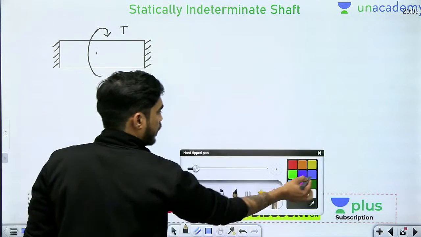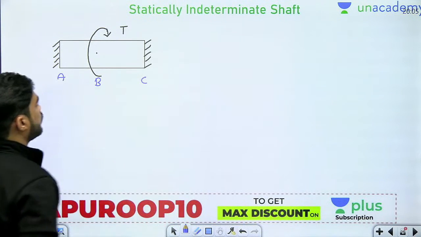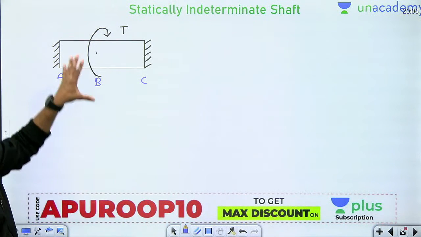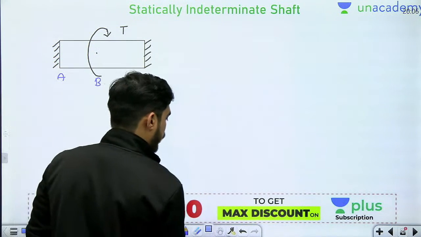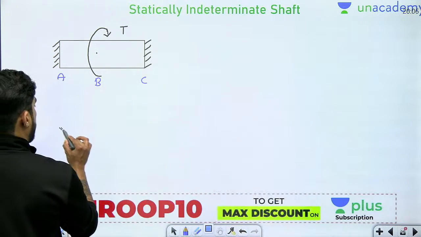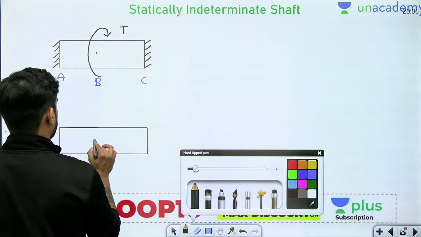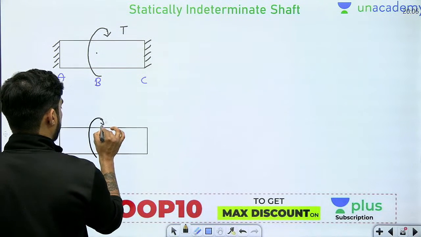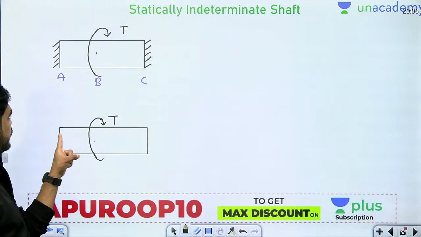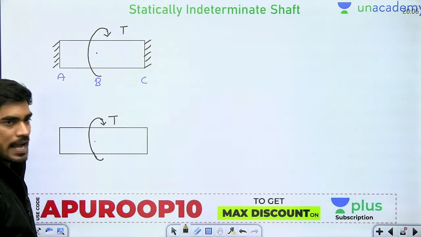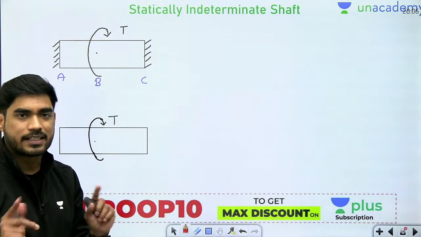Okay, let's say this is A, this is B, this is C. So beta, if you calculate the reactions at both the ends, if you draw the free body diagram, then I am applying a torque here at point B. So in order to resist this, there will be some reaction here, there will be some reaction here, right? So beta, right now I don't know the direction of reaction.